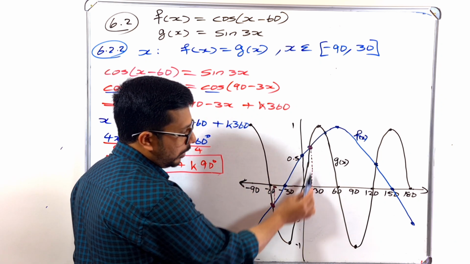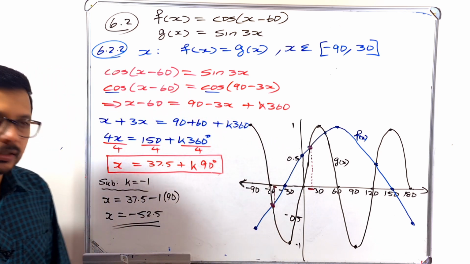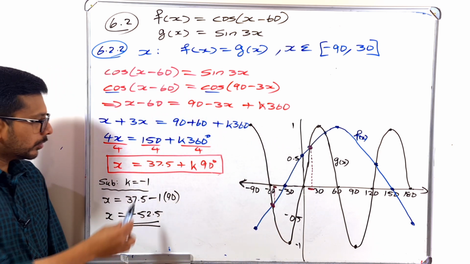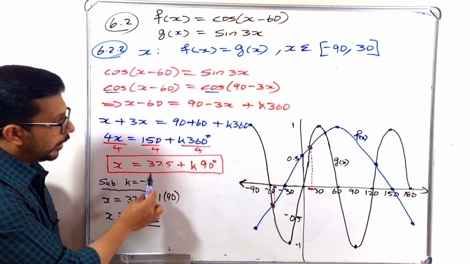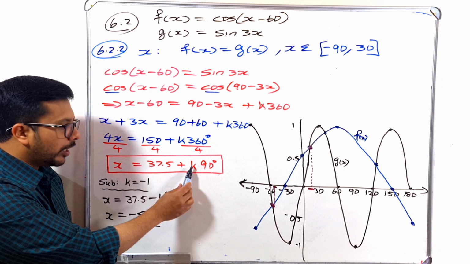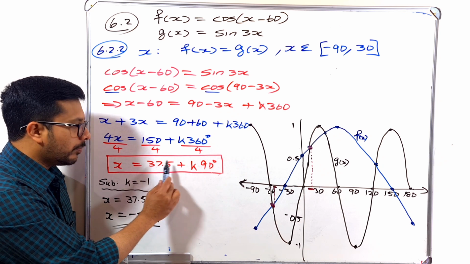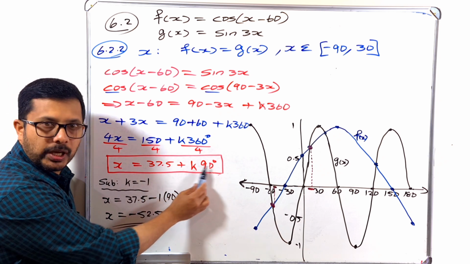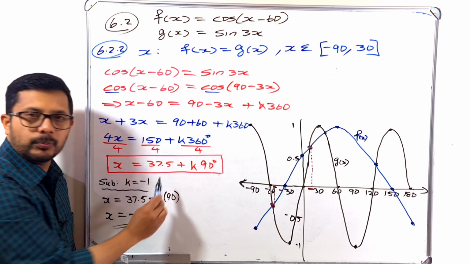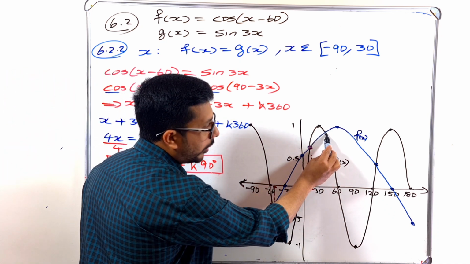Okay, now we have to find this one. At this point here you can see that the point is between 0 and 30. So here if I substitute the value of k as 0, what is the answer? 37.5 plus 0 times 90, that is 0. So 37.5, but that 37.5 is this point.